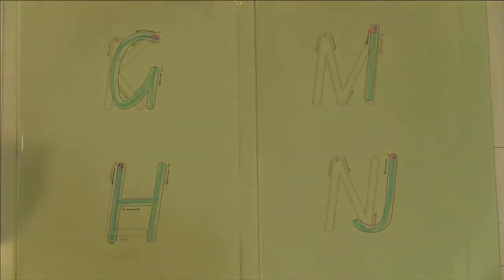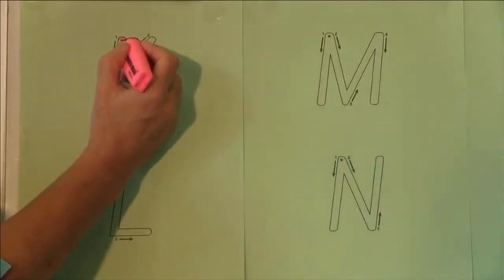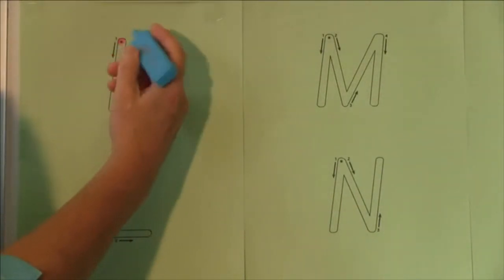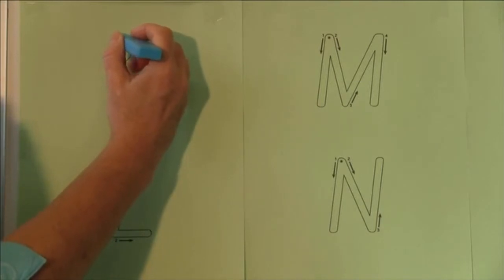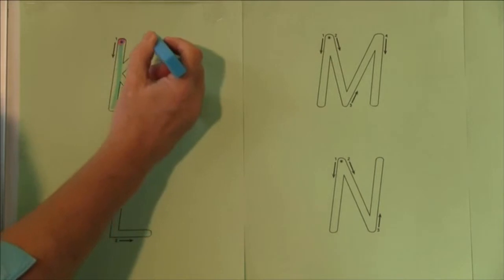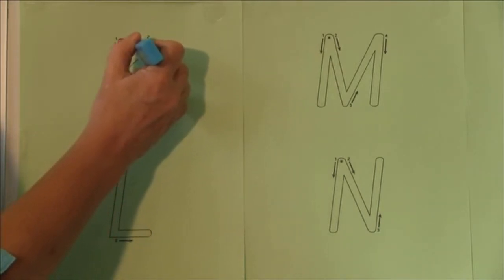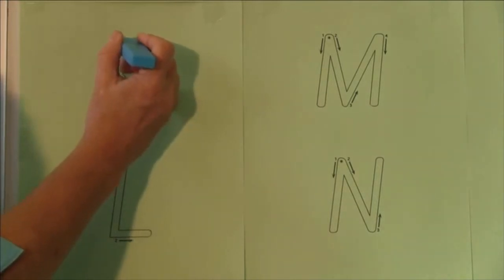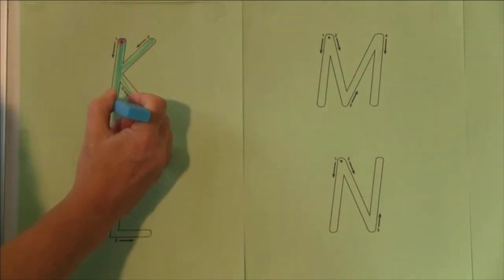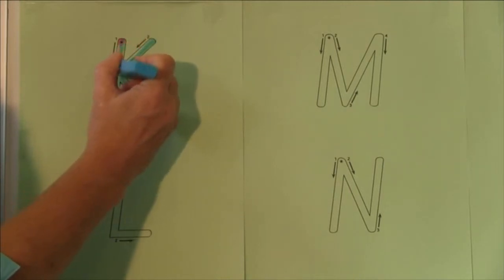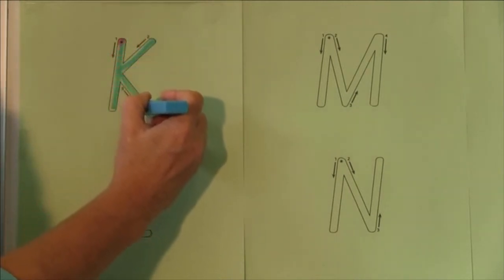There's J. Now K again has that stick, and it can be a bit tricky, K, because people tend to want to do it in a few different ways. But straight stick first. Then you start out here and kick out at the bottom. I'll show you again. Straight stick first, start out here second, and then straight to the bottom.